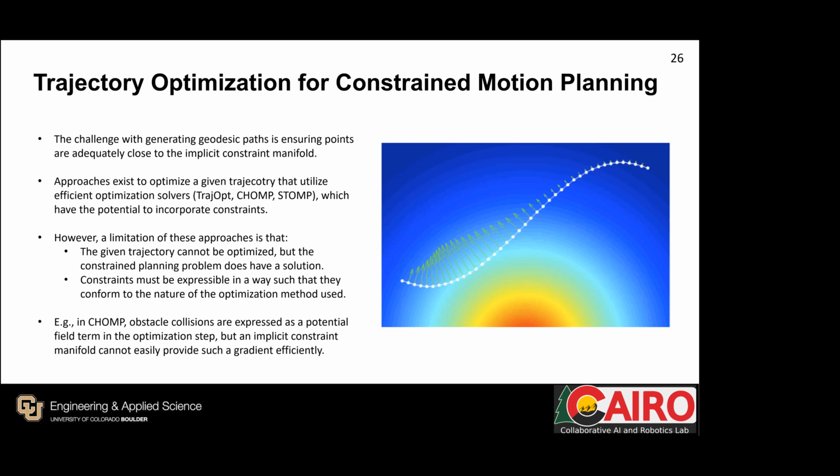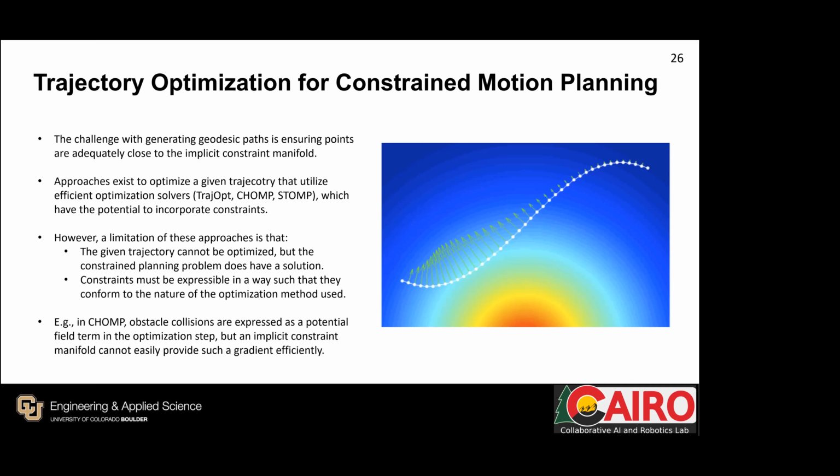And these have the potential to incorporate constraints and piggyback on the efficiency of the optimization solvers that they do use. However, a limitation of these approaches is that any given trajectory that you're optimizing might not be feasibly optimized to be constraint compliant, even though there does exist a solution to your constraint planning problem.